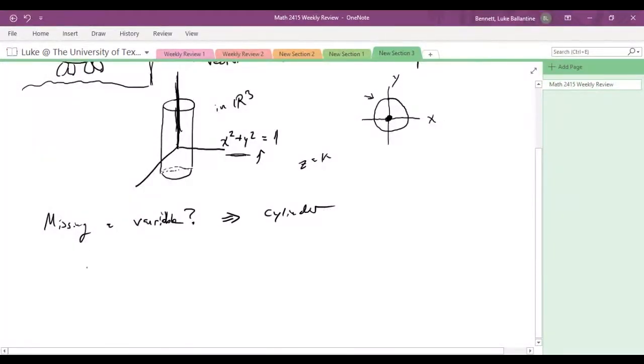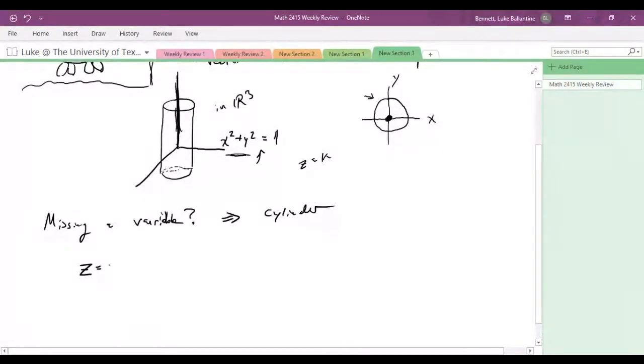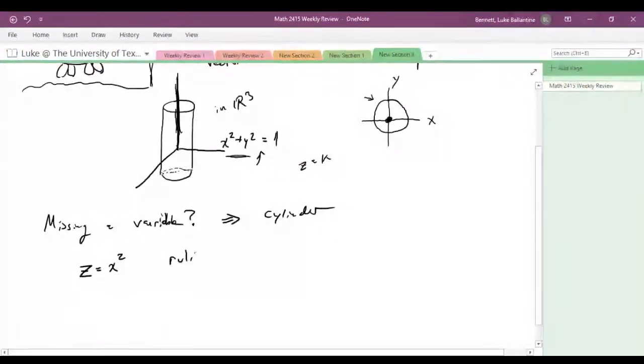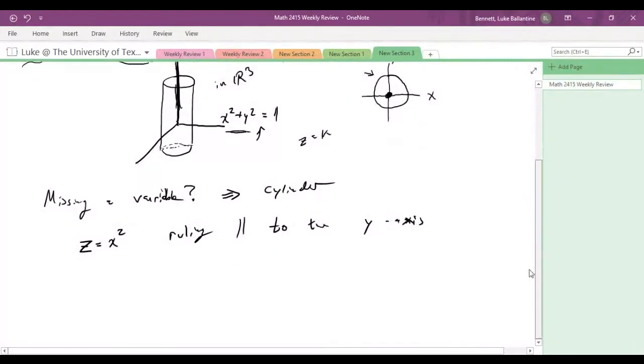So I'm going to give you an equation. Z equals x squared. This is a cylinder with rulings parallel to the y-axis. And so first I'm going to draw the trace.